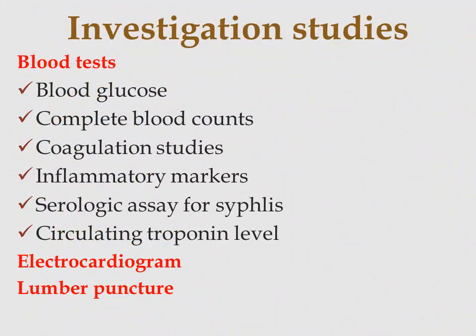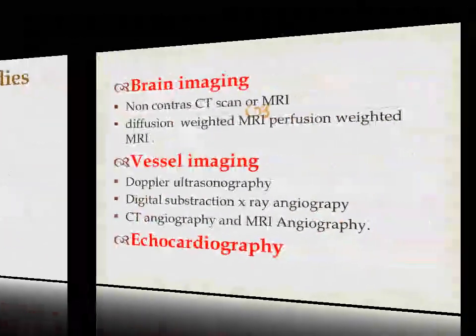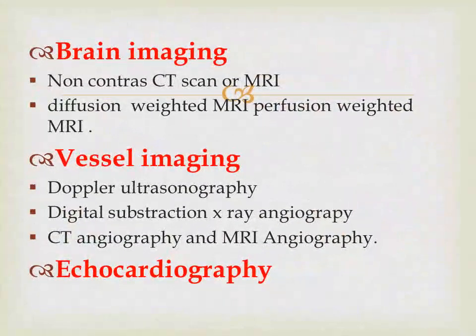Investigations should include blood tests like blood glucose, complete blood count, coagulation studies, inflammatory markers, serological assay for syphilis, circulating troponin level, ECG, and lumbar puncture on certain occasions. For brain imaging, non-contrast CT scan is the investigation of choice, or MRI if available.